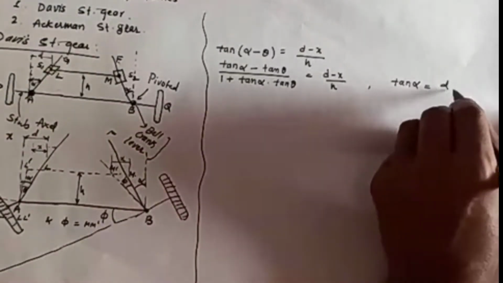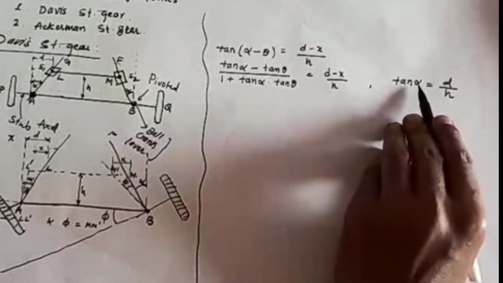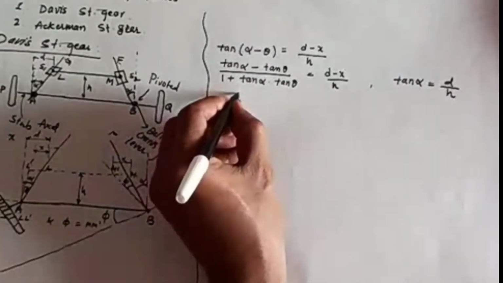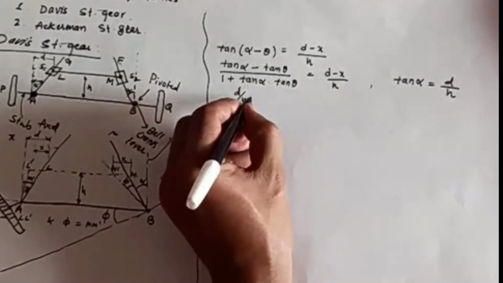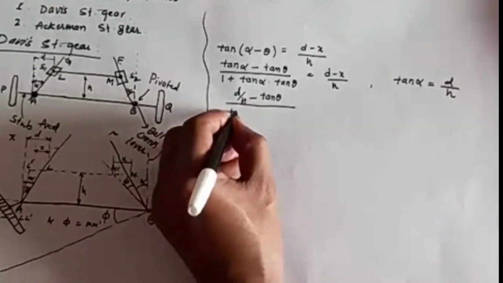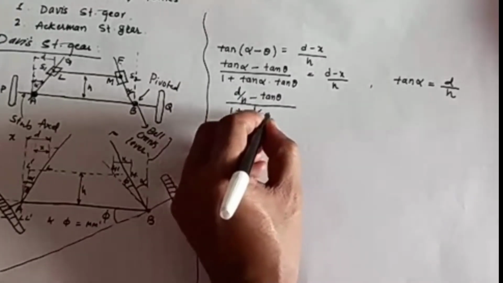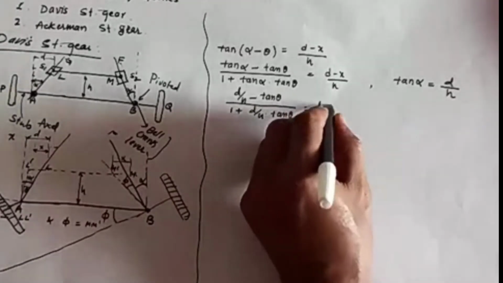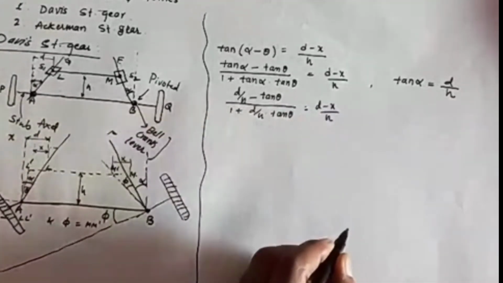It is d by h from the previous diagram. So now you can substitute tan alpha in this equation. That is (d by h minus tan theta) by (1 plus d by h into tan theta) is equal to (d minus x) by h.